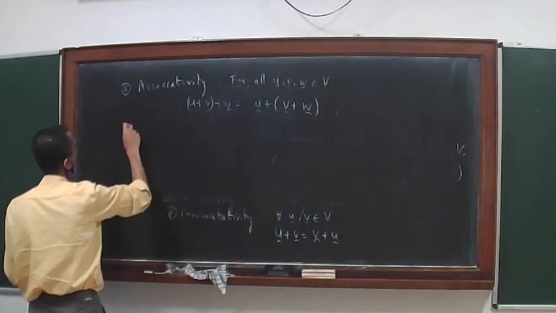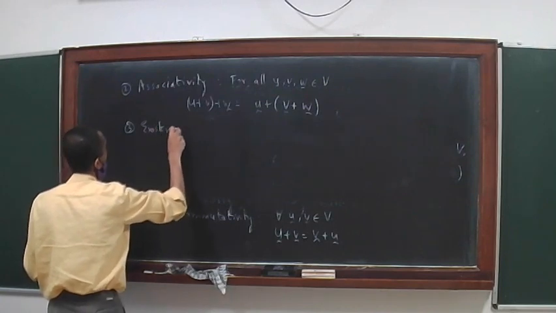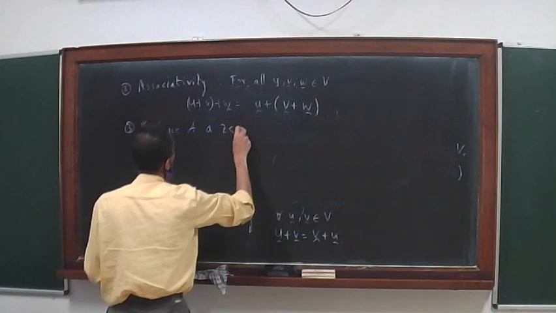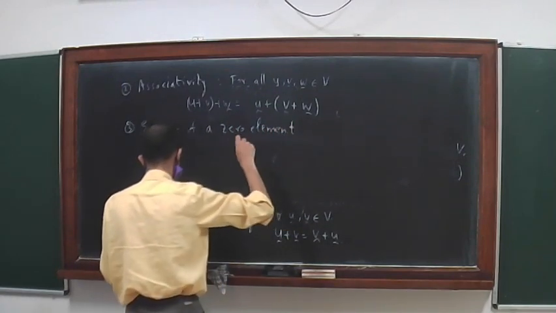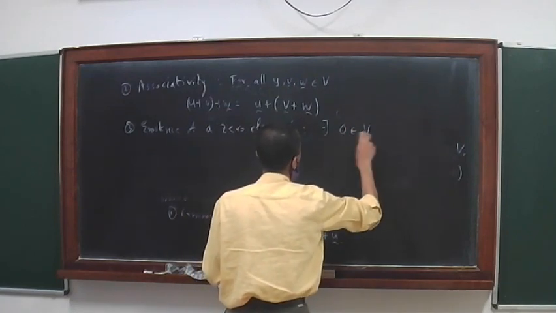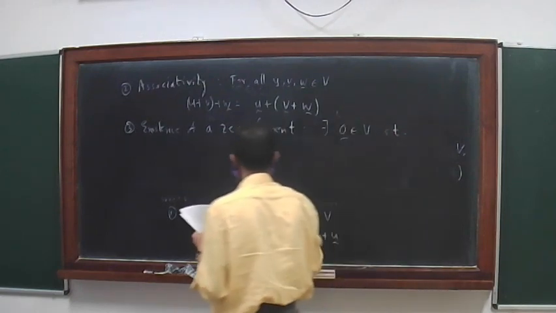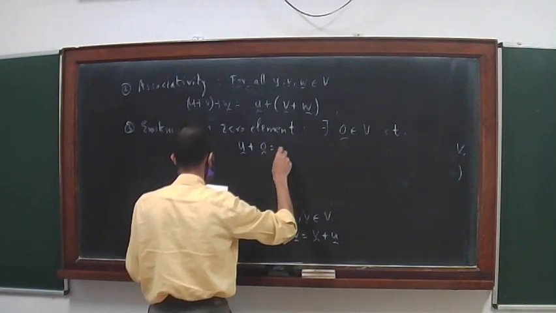And the third is the existence of a zero element. So there exists a zero belonging to V such that u plus 0 is equal to u.